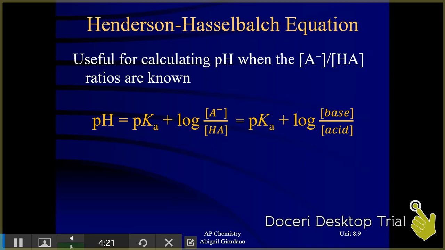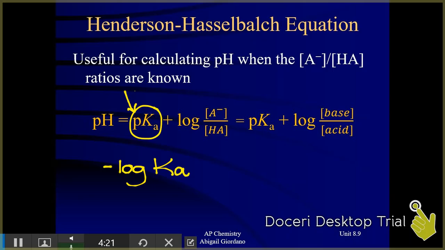pH, obviously we know what pH is, but let's talk about what this is. We've briefly mentioned it, but I want to say it again. Remember that little lowercase p mathematically just means negative log of. So pKa is just the negative log of the Ka value.